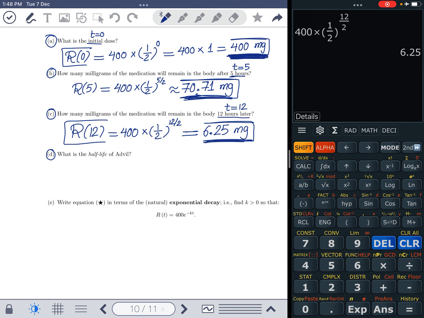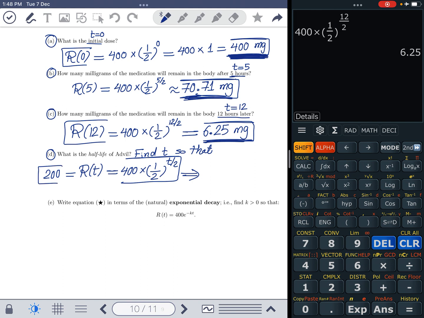So we need to find the time T so that if I replace T in R, I will get 200, because 200 milligrams is half the amount. But R of T is 400 times half to the T over 2.